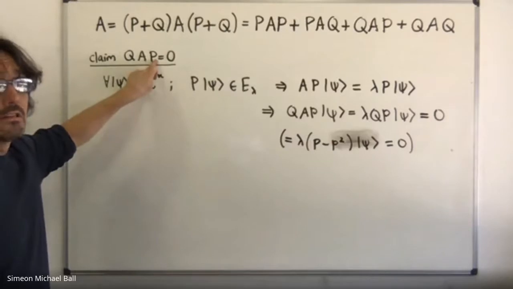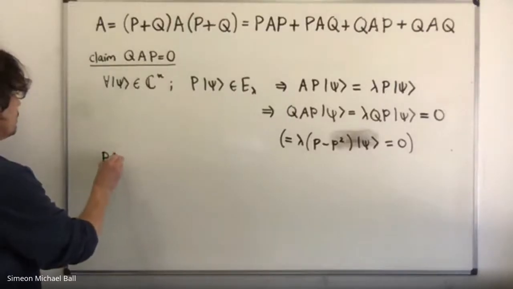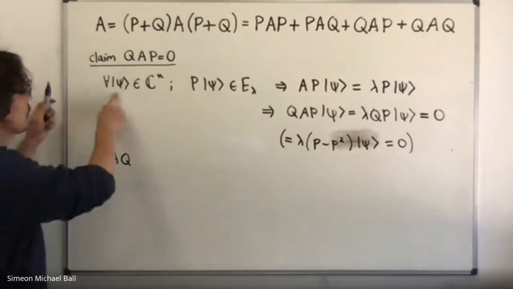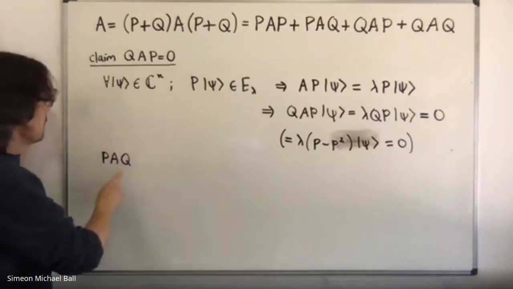Yes, like QA belongs to the orthogonal of E lambda, and then the columns and rows of P also belong to it, so couldn't you do it directly, like all the rows of QA are orthogonal to the columns of P? Yeah, absolutely, you're quite right. Just think about its action on psi, it's always going to be 0, whatever psi is, and therefore it's a 0 map.